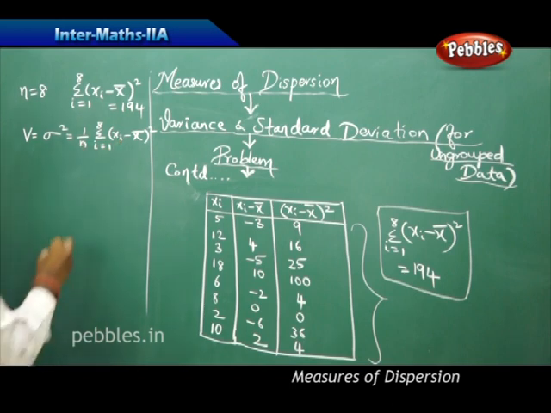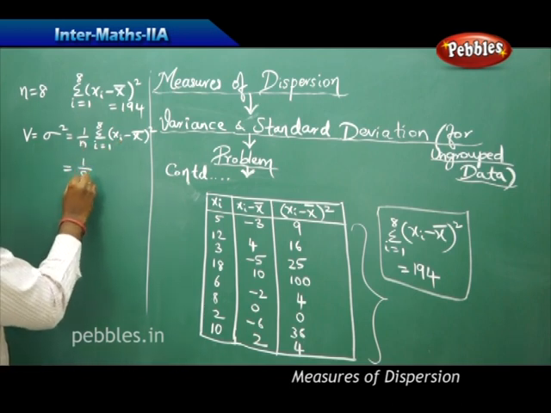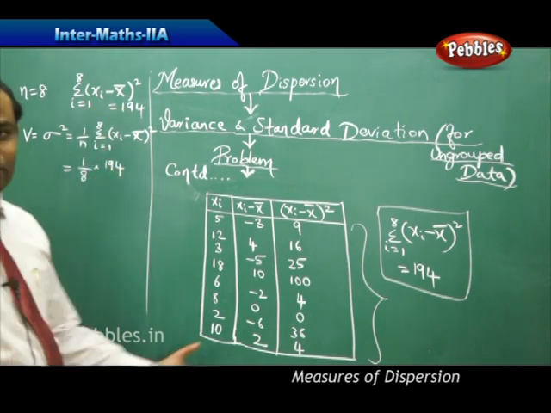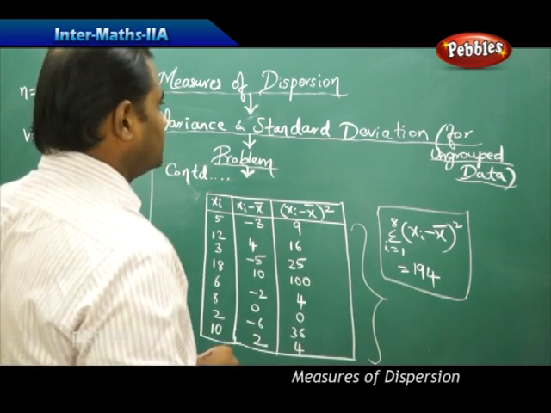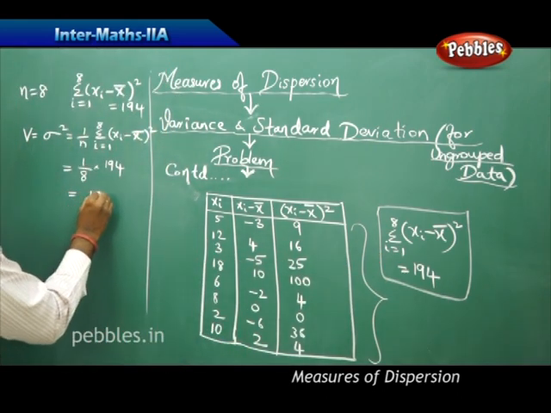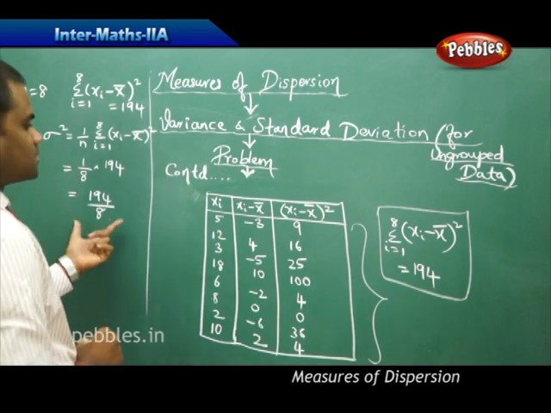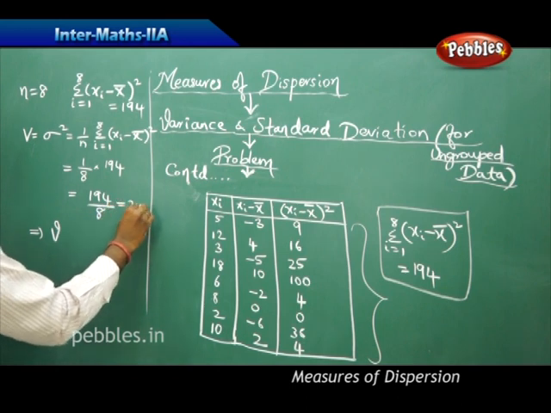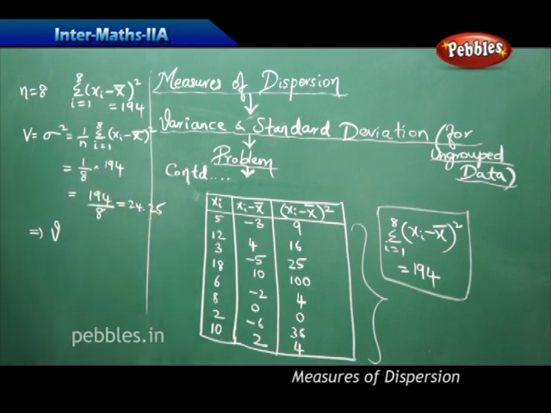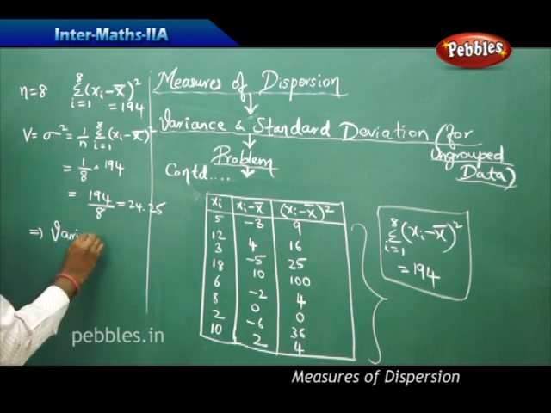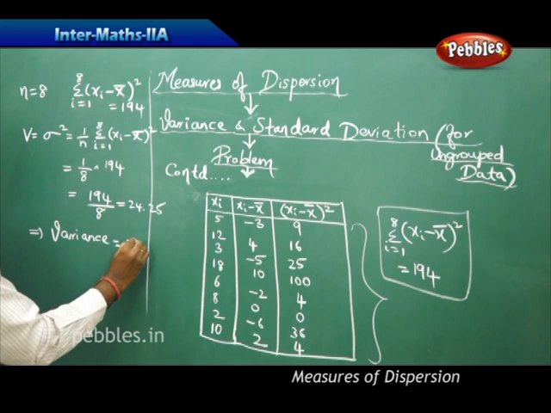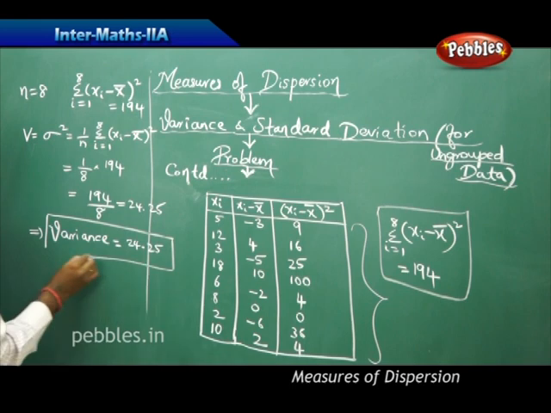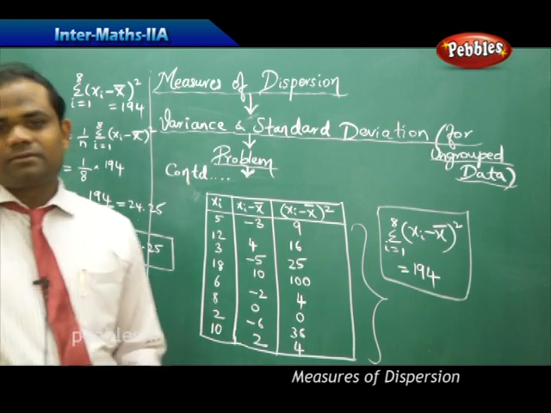So using this formula, I have 1 by 8 times 194. Therefore 194 divided by 8 gives me 24.25. Therefore variance is 24.25. This is how we find the variance.